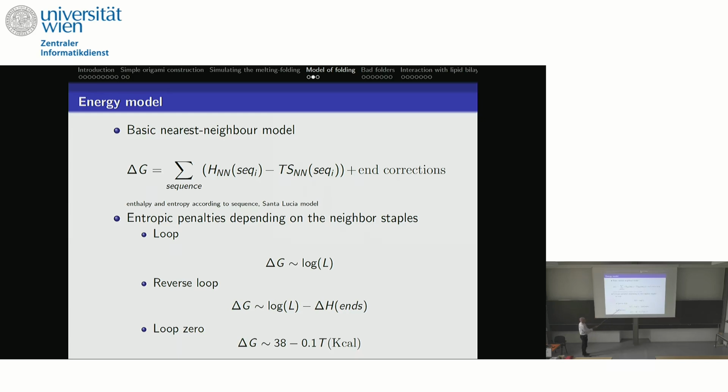And we added these 2 other terms. The reverse loop is the one that happens in the situation that I call the reverse loop. So there is an additional penalty here, and this goes up to the situation where this L is equal to 0, and we have this delta G.